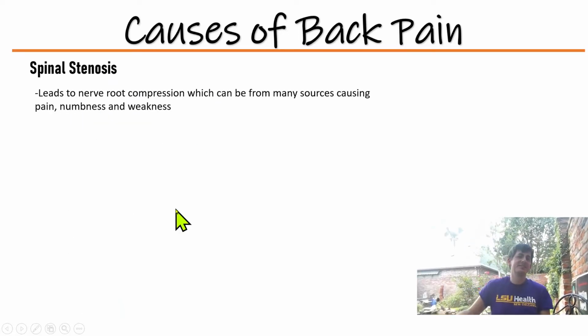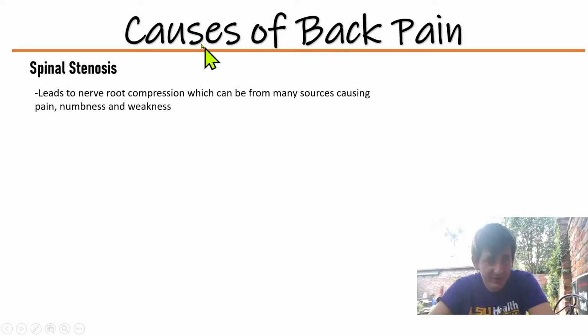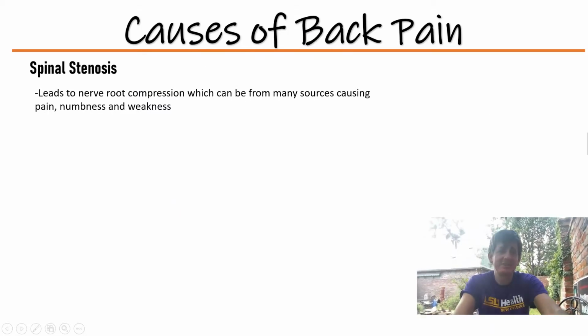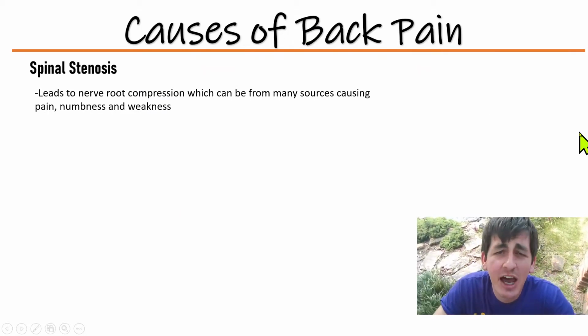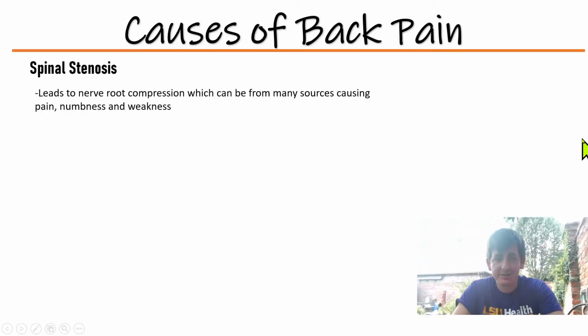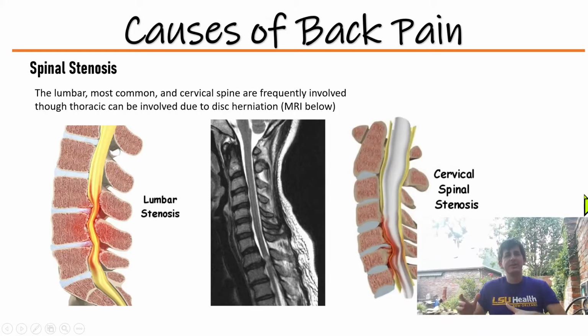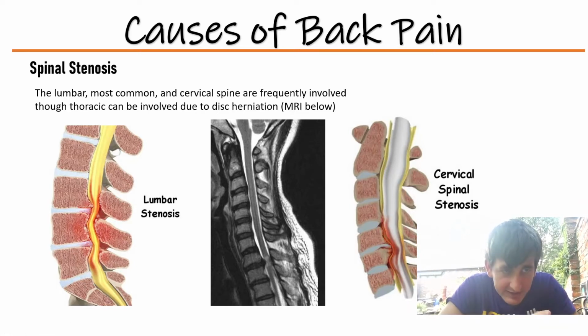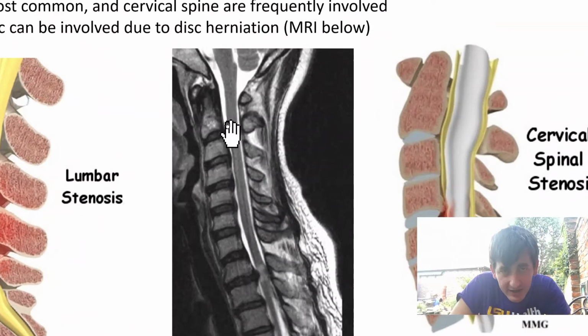So spinal stenosis leads to nerve root compression, which can come from many sources and cause pain, numbness, and weakness. The lumbar spine is most common, but you can also see it in the cervical spine and even the thoracic spine due to disc herniation, which we see in the middle picture. This is C2, 3, 4, 5, 6, 7.